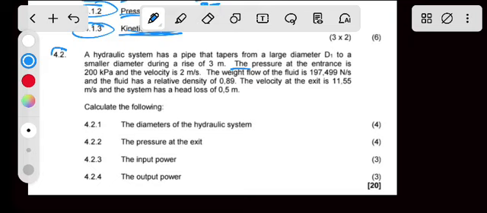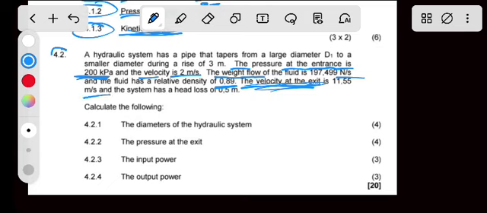The pressure at the entrance is 200 kilopascal and the velocity is 2 meters per second. The weight flow of the fluid is 197,499 Newton per second. The fluid has a relative density of 0,98, and the velocity at the exit is 11,55 meters per second.